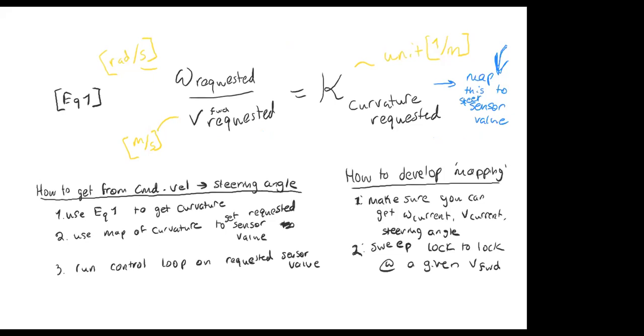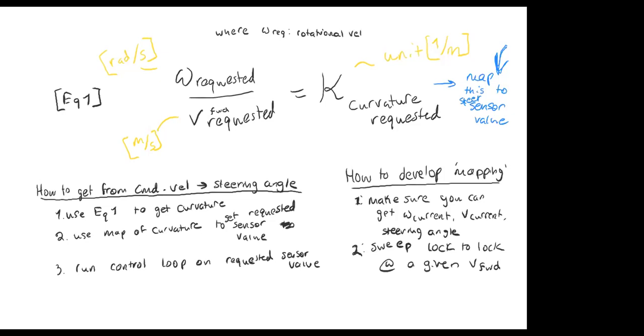You don't even need that intermediate mapping. You can map directly to whatever your PWM command is, your duty cycle.